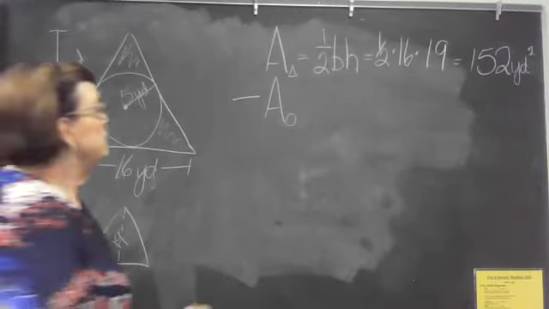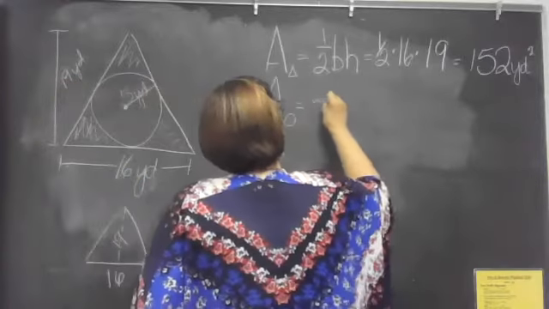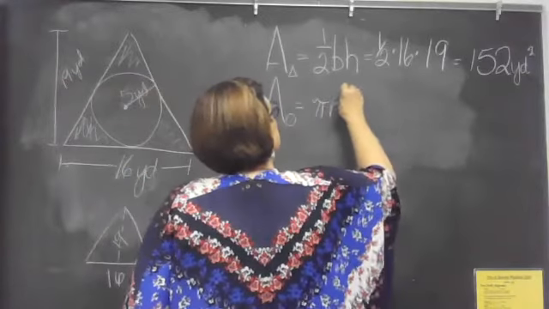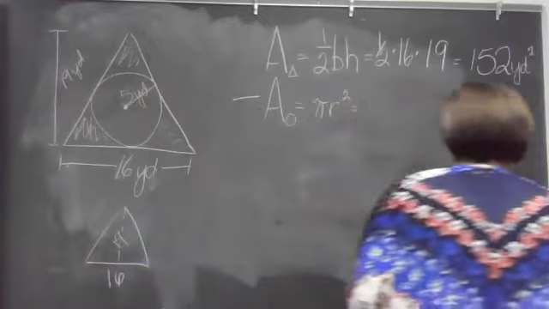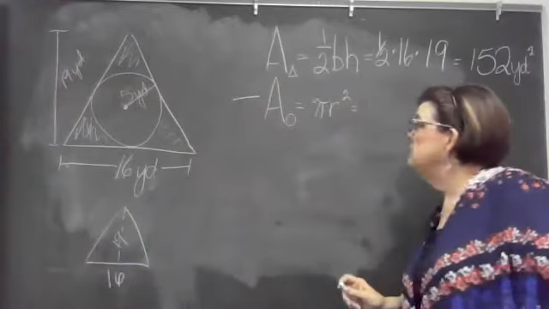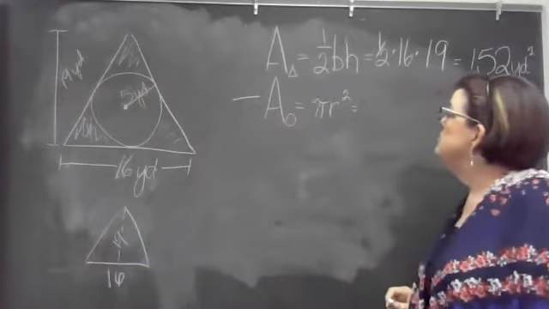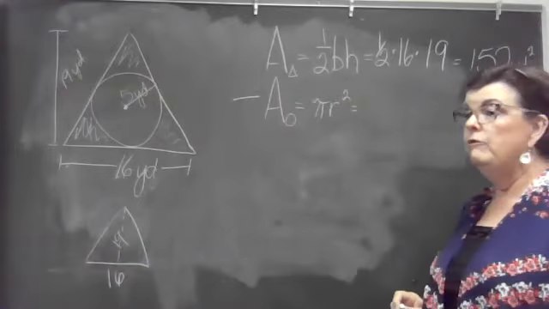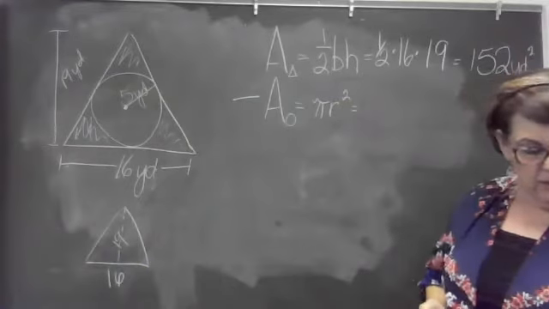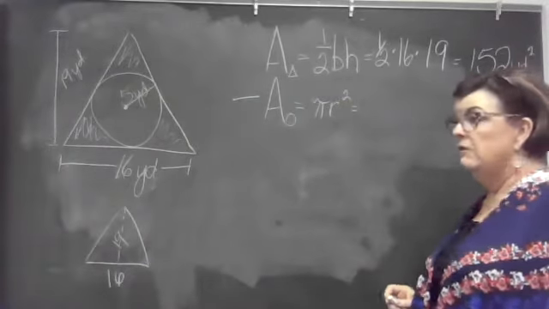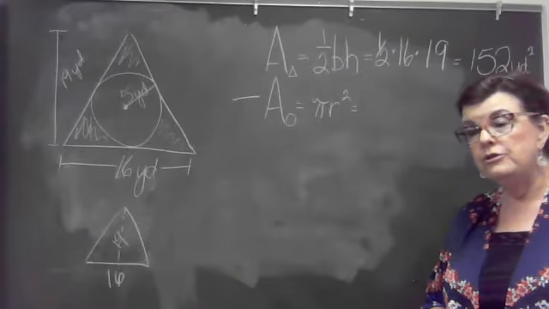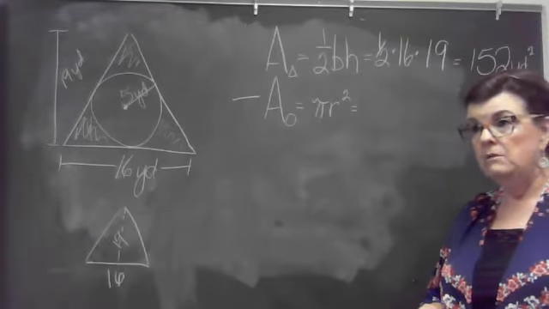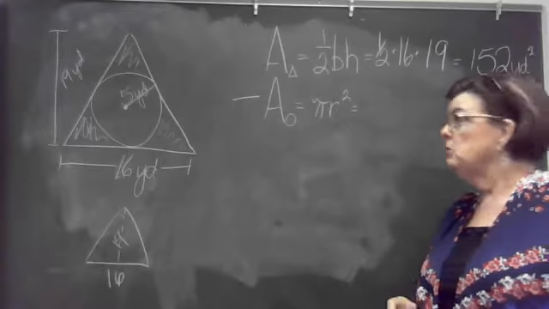The area of the circle is pi times r squared. Now in the instructions, again, I say this so many times, they tell us to use 3.14 for pi. If they tell you that on the test, then definitely use 3.14. If that is not in the instructions, use your pi button because it gives a more exact answer.